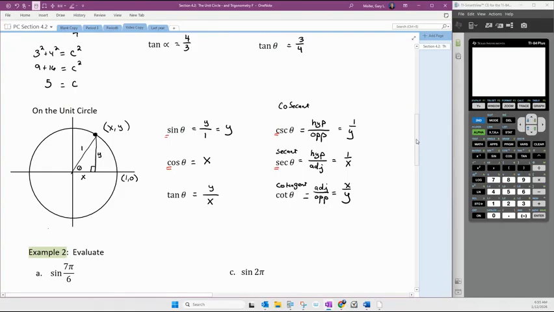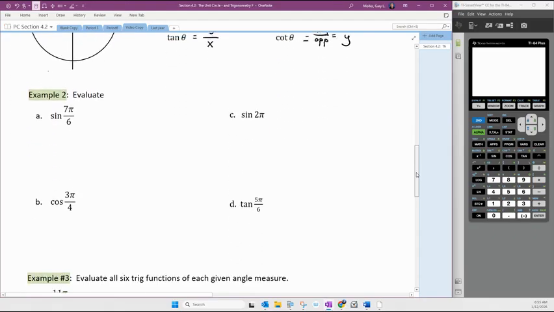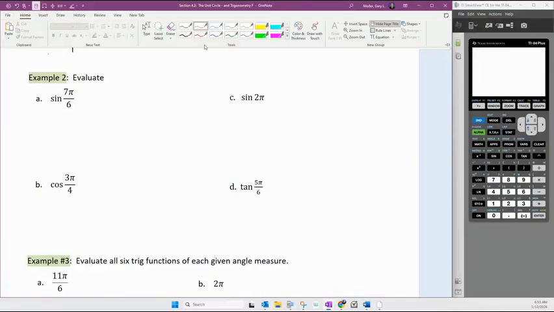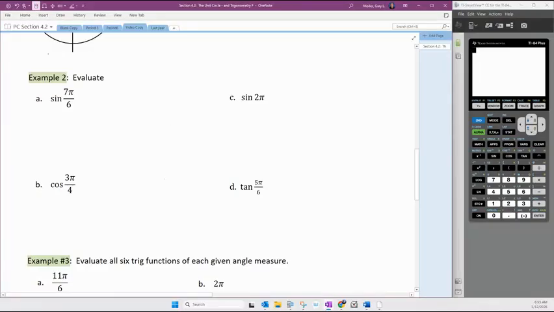Okay, so let's use that knowledge and calculate some trig functions. Let's find the sine of 7 pi over 6. In case we need the reference, we're going to look at our unit circle.